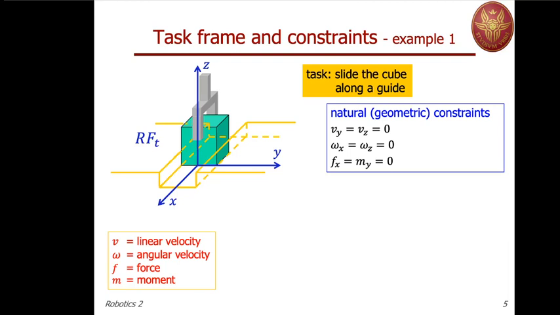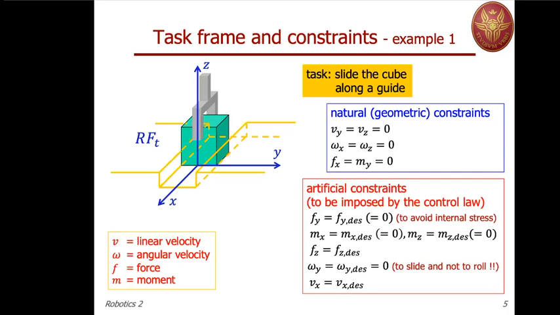But for the time being, we understand that if we rotate the cube, the environment is not able to produce any momentum, any torque around y to contrast this type of rotation. So, as you can see, there are 6 quantities being specified by the natural constraint, and these are 4 of the motion type and 2 of the generalized force type.